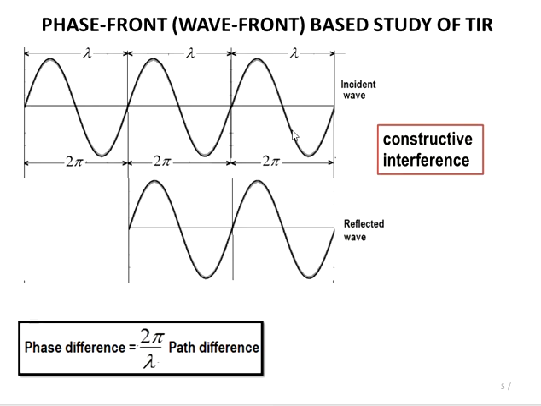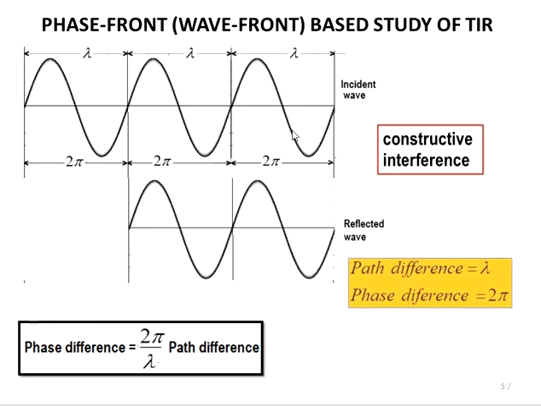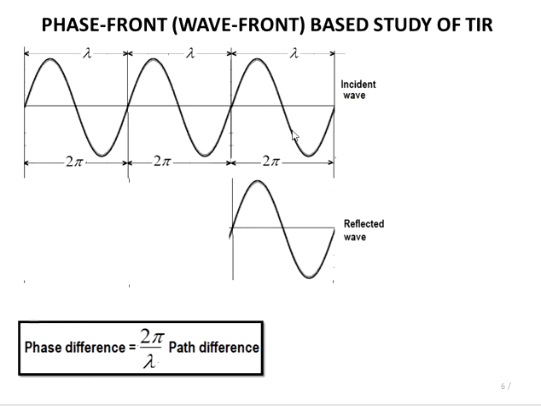So we can say if the phase difference between two waves is 2 pi, then also there will be constructive interference. Again, if I shift by one more lambda, then the phase difference between the two waves will be 4 pi. Again, the maxima are coinciding with each other and will get added.